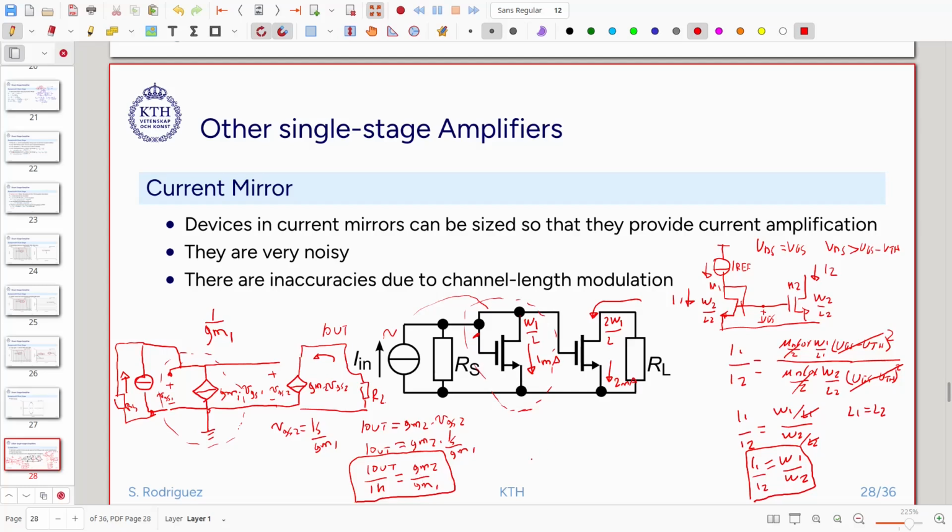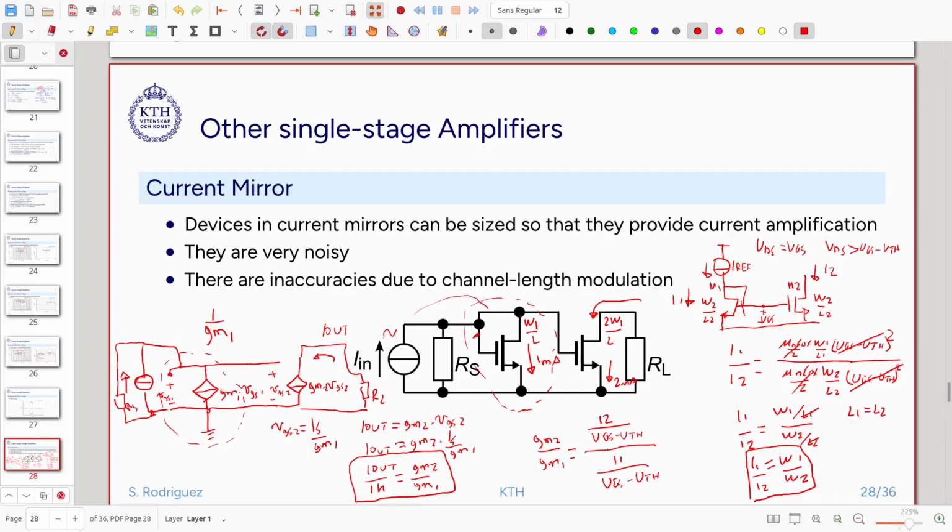Now the currents are related by these ratios. gm2 is going to be equal to I2 over (VGS minus VTH), and so gm2 divided by gm1 is equal to I2 over I1 times 1 over (VGS minus VTH).